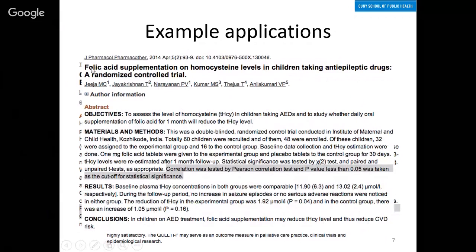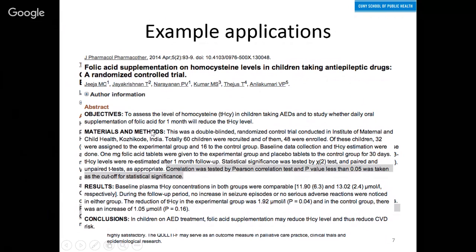Last one: folic acid supplementation on homocysteine levels in children taking anti-epileptic drugs, a randomized controlled trial. So here's one where we can make causal conclusions, even without adjusting for confounding or anything, because there's been an experimental randomized intervention.